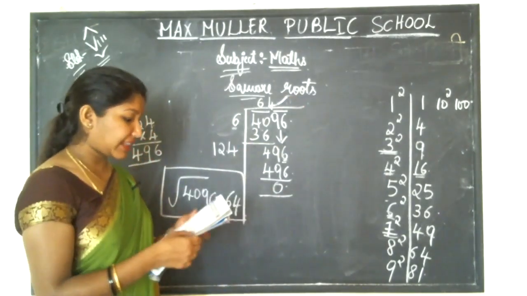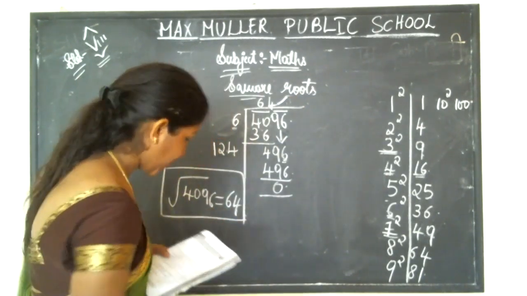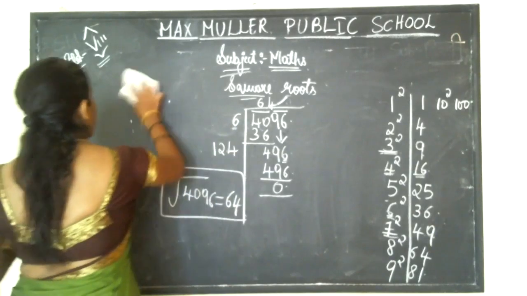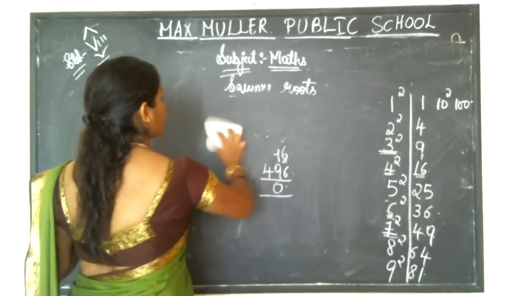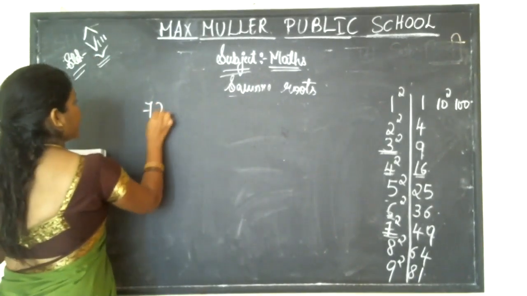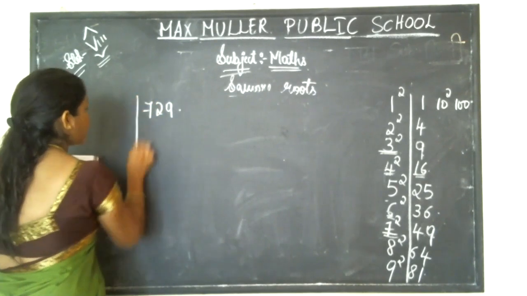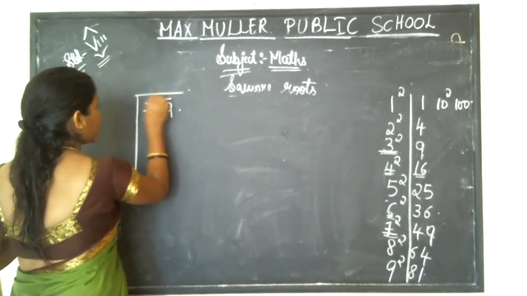Same like this you have to do. They have given the number as 729. So first you have to group the number.